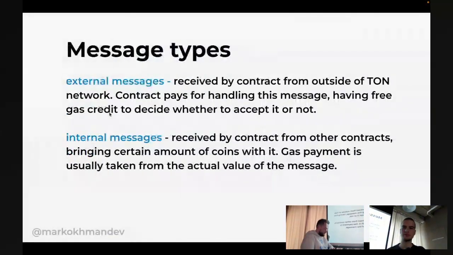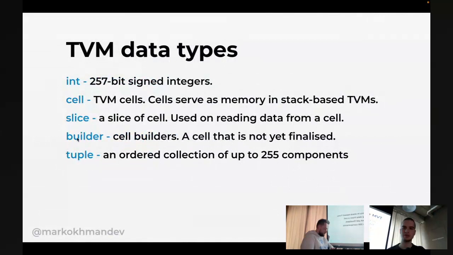So there are other types, builder and tuple. A tuple is the same as an array in JavaScript, but the interesting thing here is that it will contain up to 255 components.